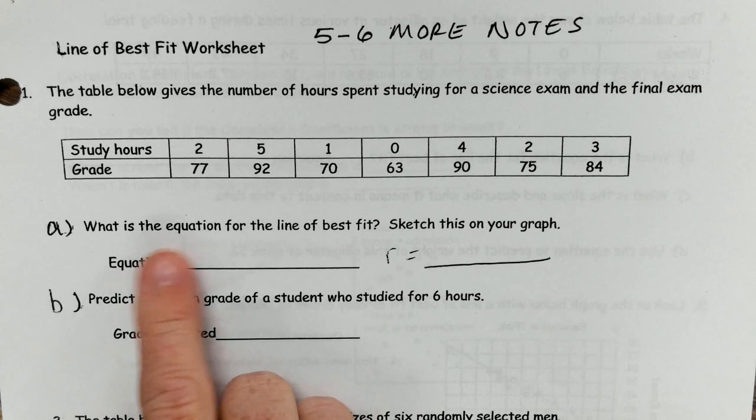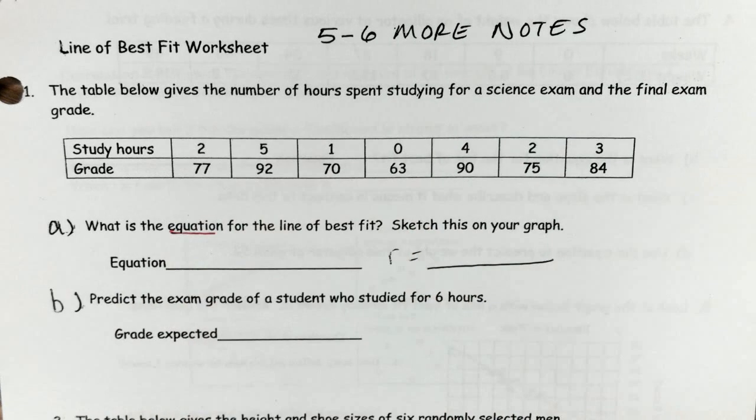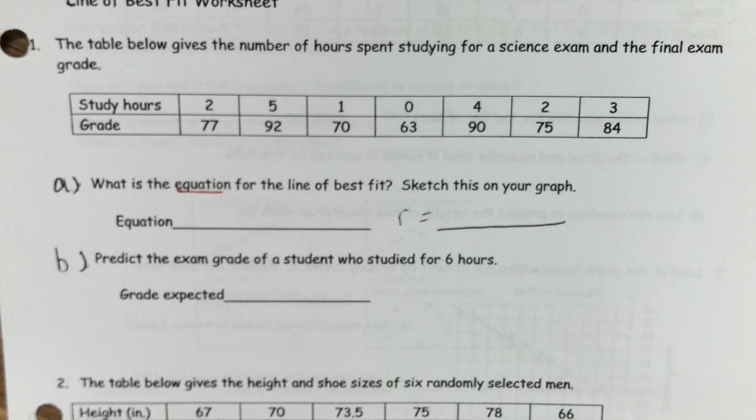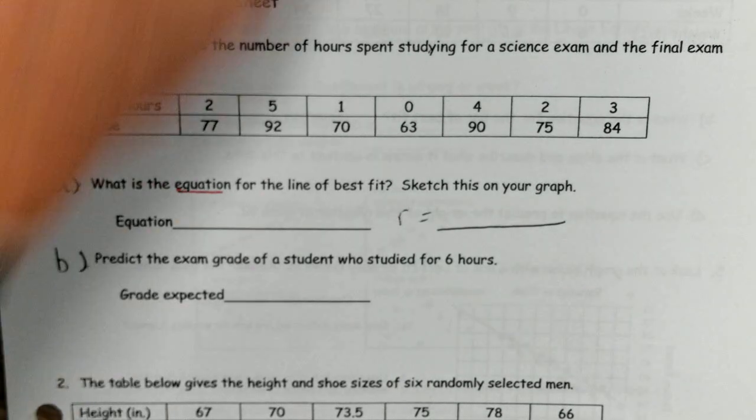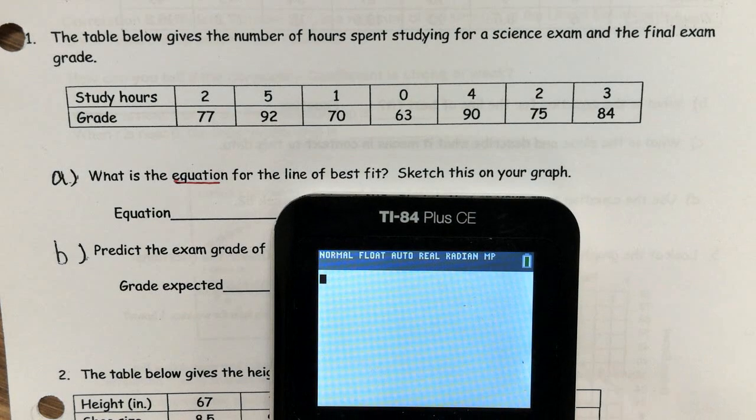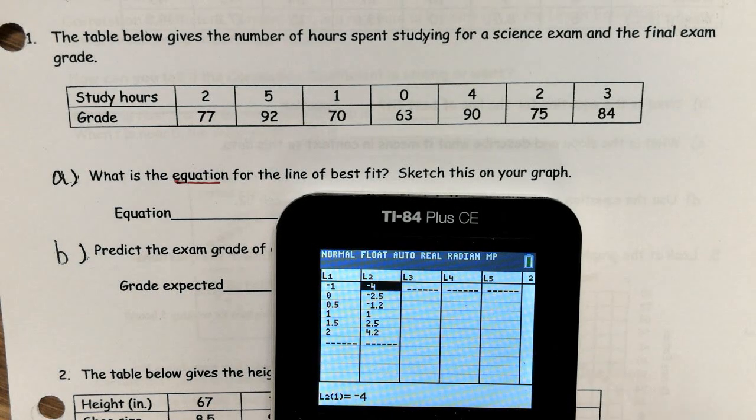It says, what is the equation for the line of best fit? So where am I going to put this in at? Stat. Do I have to put in every data entry? Yes.